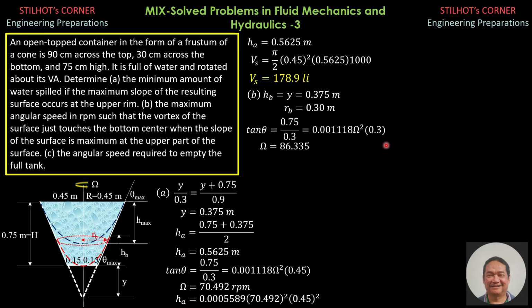So omega is equal to 86.335 RPM. You can also compute omega using the formula for h, which is this. So another way is height 0.375 equals 0.000558 times omega squared times radius squared. So omega is the same, 86.34 RPM.